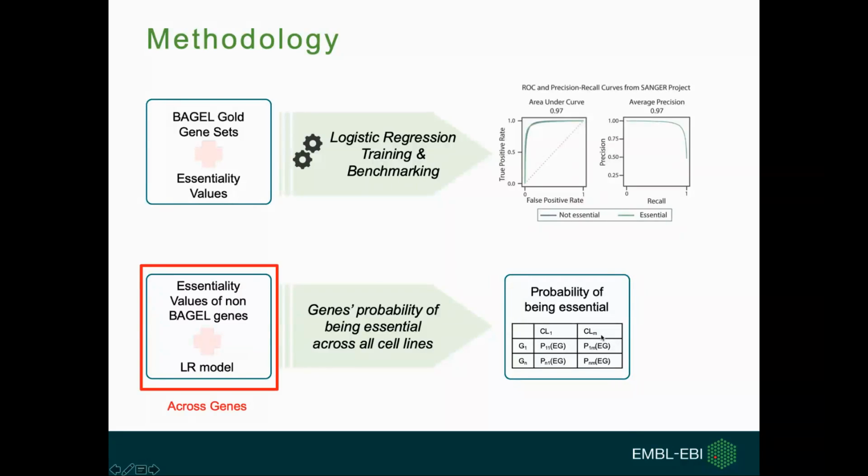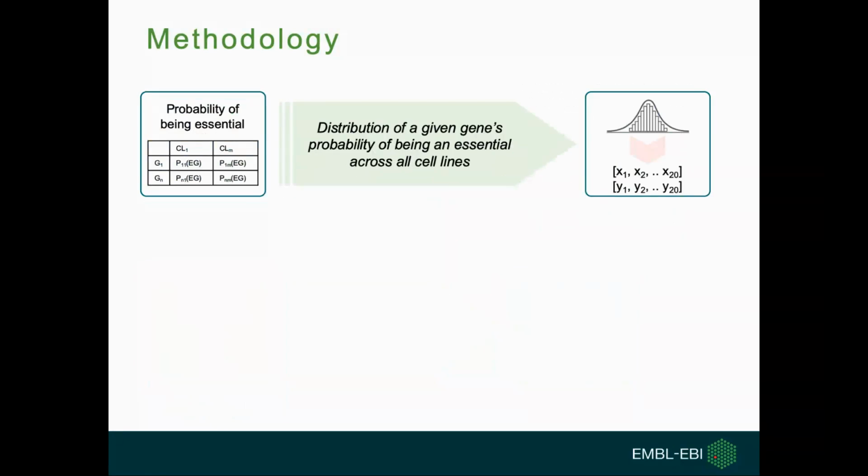In here, we go across genes because we look at each cell line and check if the gene is essential or not. Then we continue with this probability table and look at the probability distribution of each gene across the cell lines, which gives us the across-cell-line behavior of the genes.